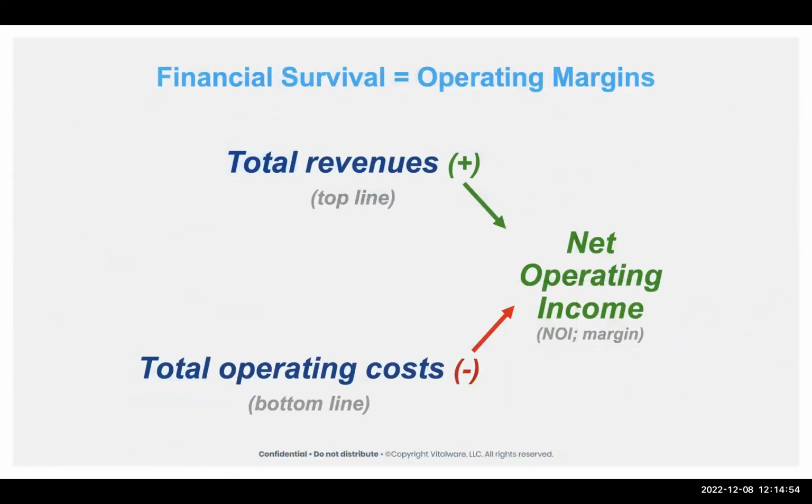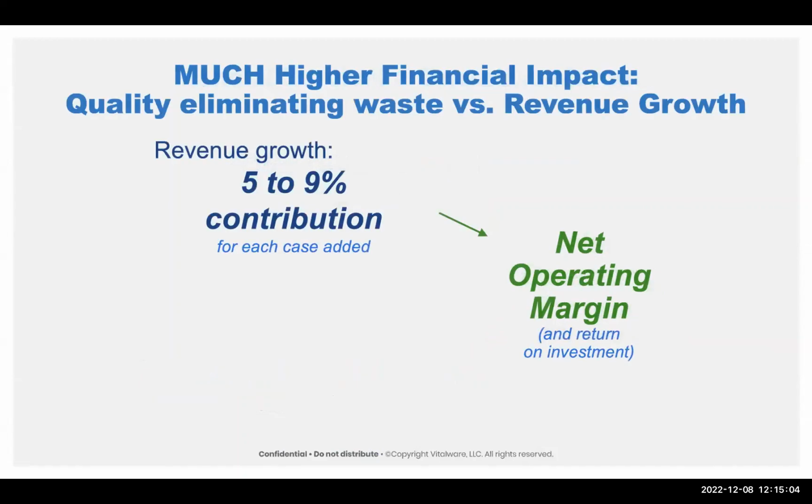If I look at total revenues and total operating expenses, they create my net operating income. When I look at what we do now, we increase procedures, we increase high cost procedures, we use more technology.